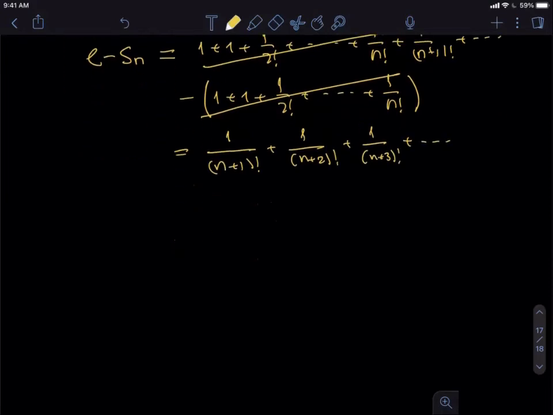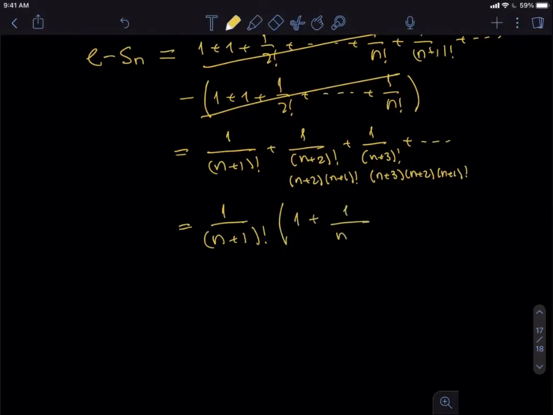This is an infinite series. Notice this is n plus 2 times n plus 1 factorial. This is n plus 3, n plus 2, n plus 1 factorial. So I can just factor out the n plus 1 factorial. I get 1 plus 1 divided by n plus 2, 1 divided by n plus 2, n plus 3, and so on.